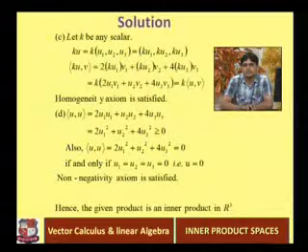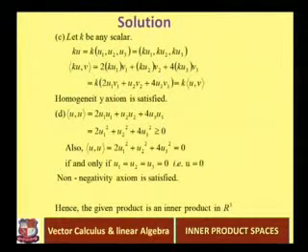So the inner product of u comma u is equal to 0 if and only if u is equal to 0, because all the elements of vector u, u1 u2 u3, are 0. So the fourth property, non-negativity, is also satisfied.